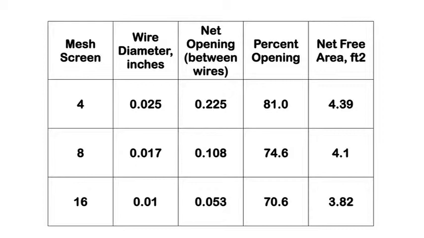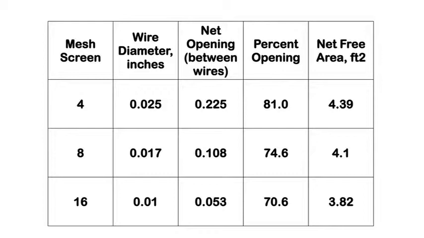The opening distance between the edge of one wire to the edge of the next changes. And if you were to calculate this all out, you would get the percent of the opening that you get in terms of net free area as a function of mesh size and the related wire diameter.